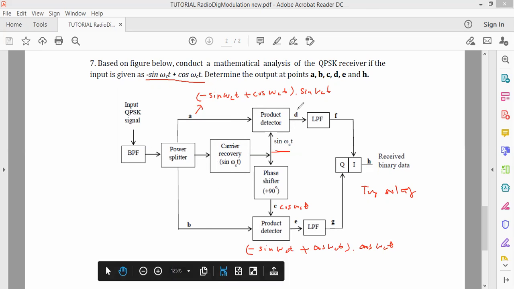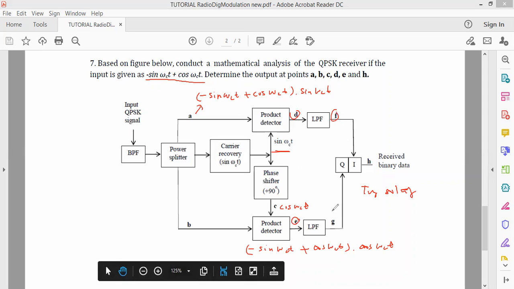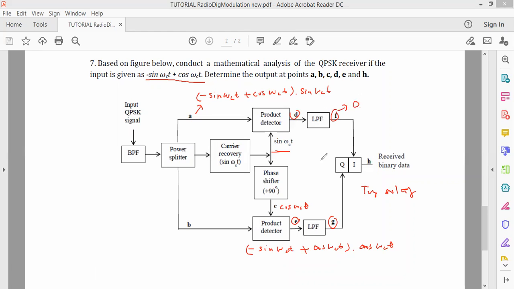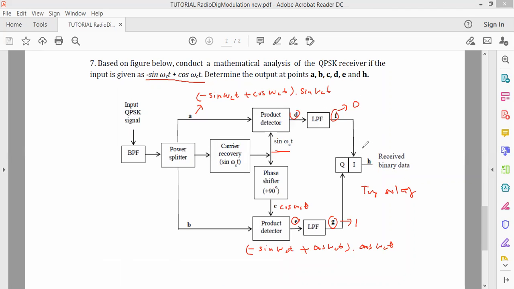And then for D, you need to multiply, and make sure that you write down in your answer for D all the terms, okay, whether it's DC voltage or the higher frequency components, you need to include in D and E. F and G is when you get rid of the higher frequency components, and you should be able to get F equal to 0 and G equal to 1. Okay, so based on this arrangement, H should be 1, then 0.